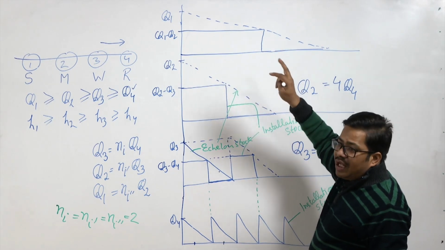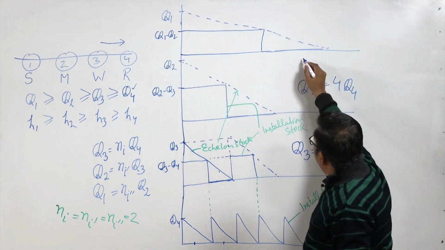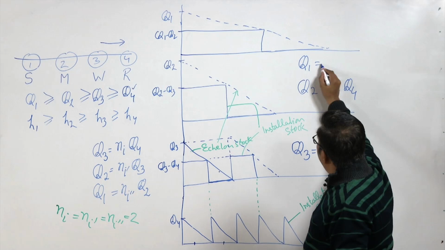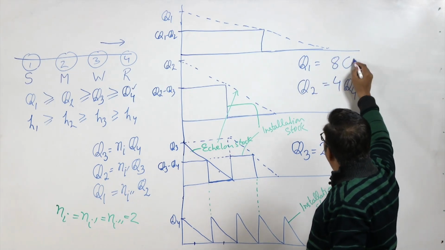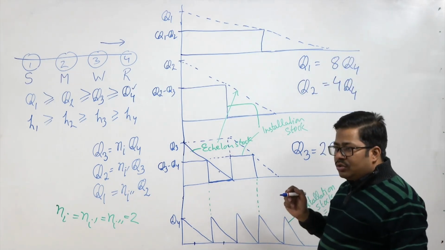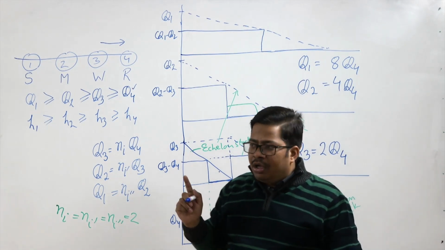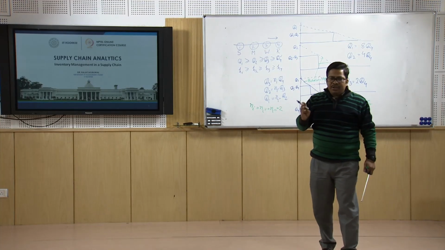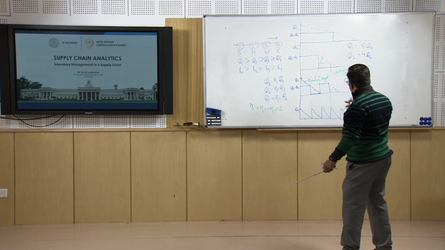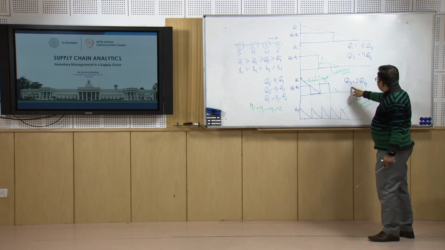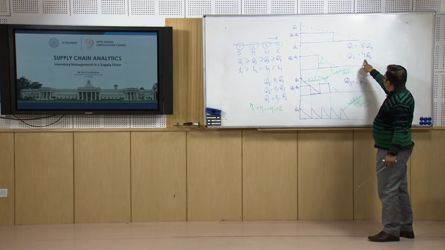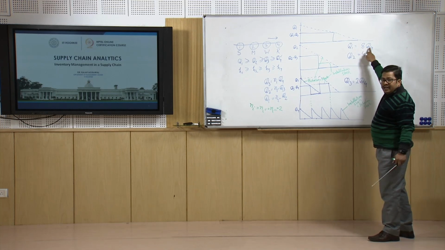So Q1 is actually 2 Q2. So here I can also write Q1 is equal to 8 Q4. So I have represented all these Q1, Q2, Q3 in terms of Q4. Q3 is 2 Q4, Q2 is 4 Q4 and Q1 is 8 Q4.